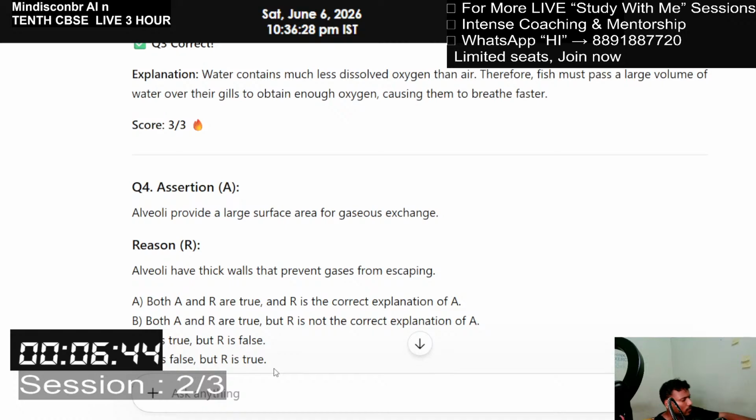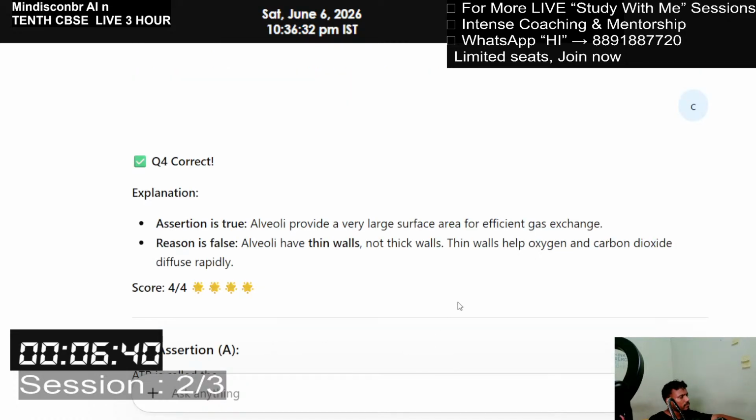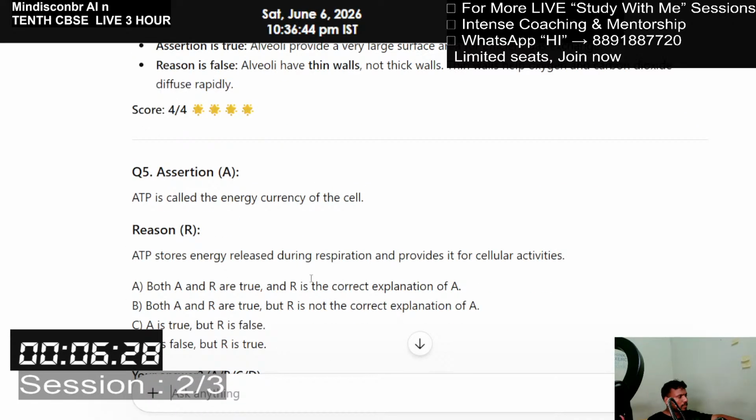So A is true, R is false. Alveoli have thin walls, not thick walls. Thin walls help oxygen and carbon dioxide diffuse rapidly.